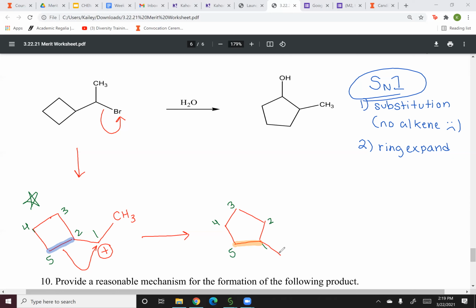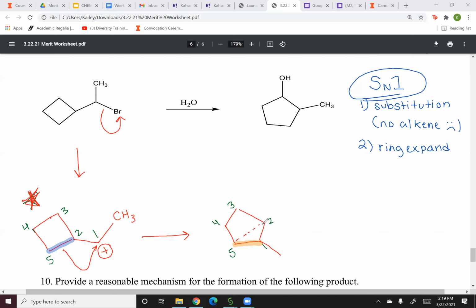But then I have to figure out where my carbocation is going to be. Now, if I think about my starting material, my reactive intermediate over here, I have this bond between carbon 5 and carbon 2. But if I look at my product, I am breaking the bond between carbon 5 and carbon 2. I broke that bond right there. So I'm taking a bond away from carbon 2, but I'm forming a bond between 5 and 1.